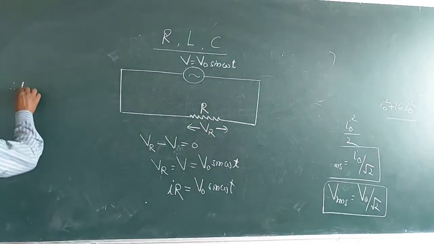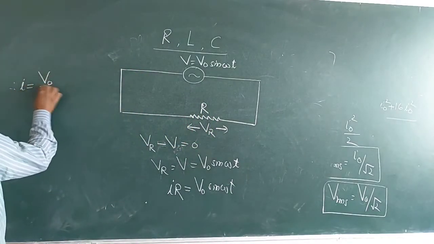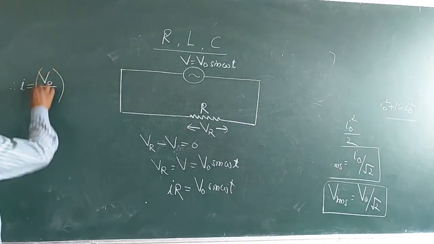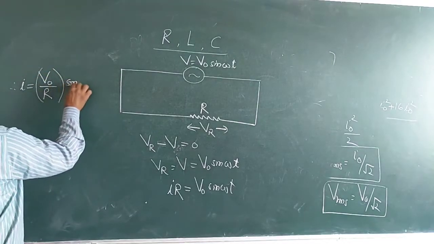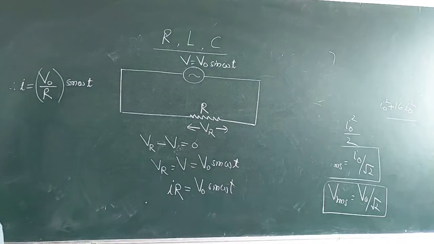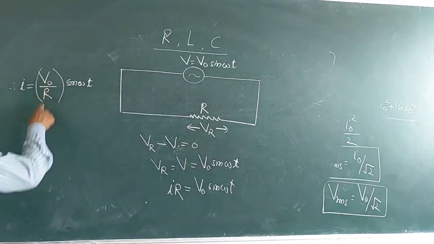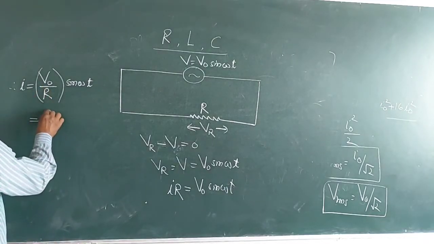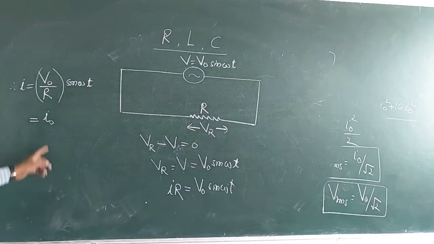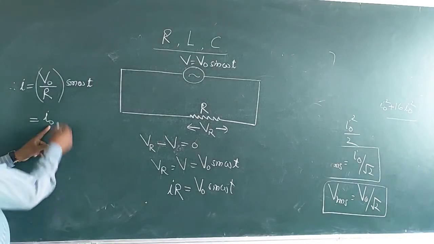Therefore, I equals V0 by R into sin omega t. This V0 by R is equal to I0, the peak value of the current.